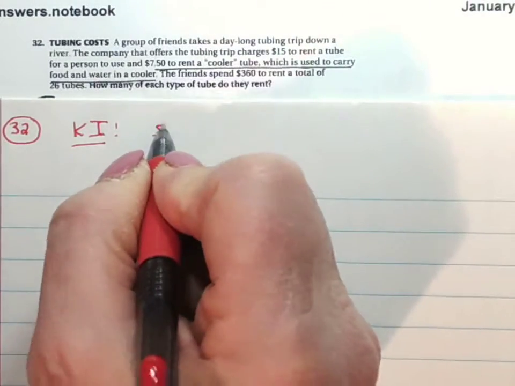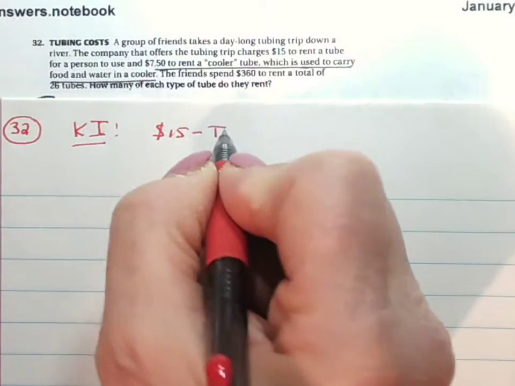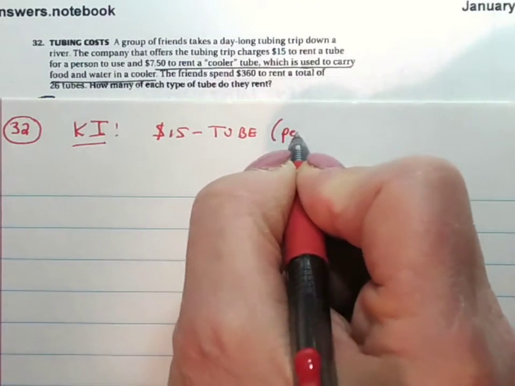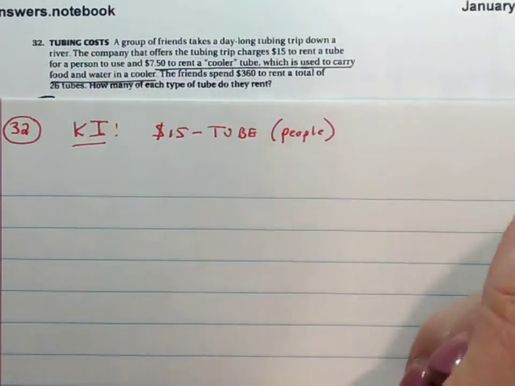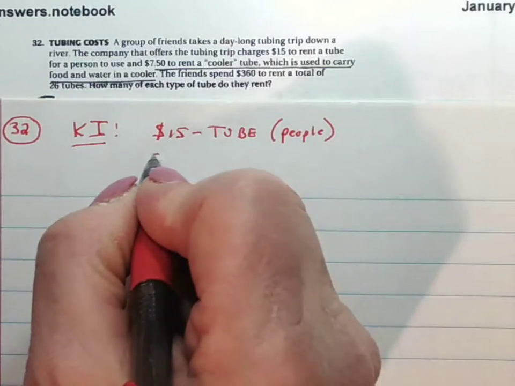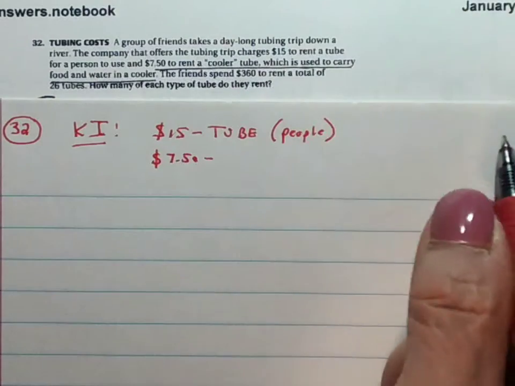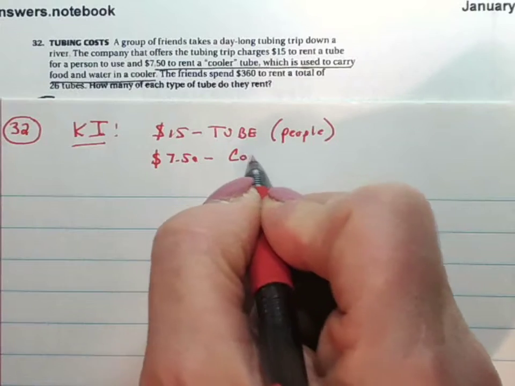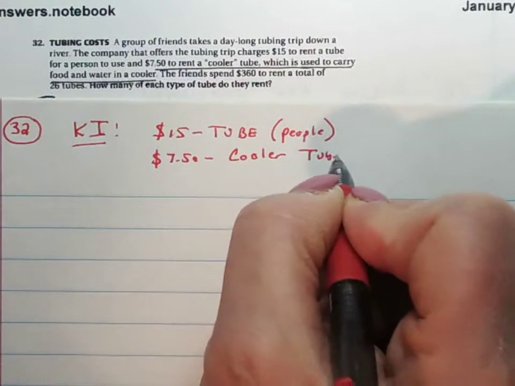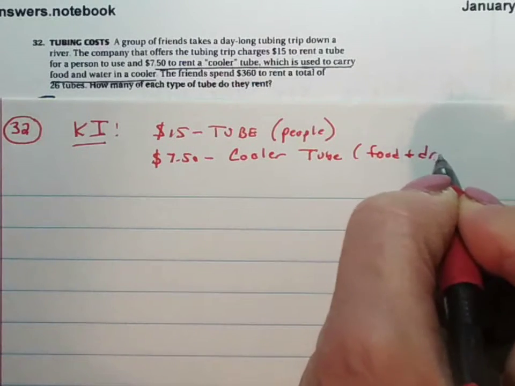It costs $15 for a tube, and that's a tube for people to go down on this tubing trip. It costs $7.50 for a cooler tube, for your food and drinks.